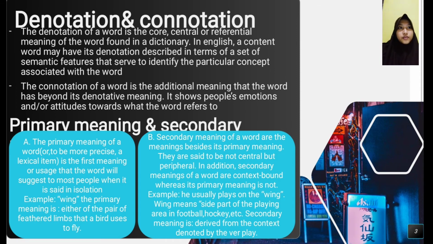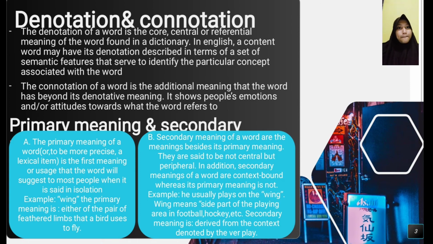And the connotative of a word is the additional meaning that the word has beyond its denotative meaning. It shows people's emotions and or attitudes toward what the word refers to.